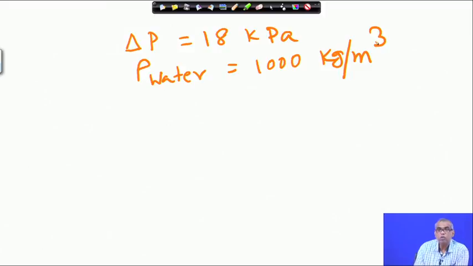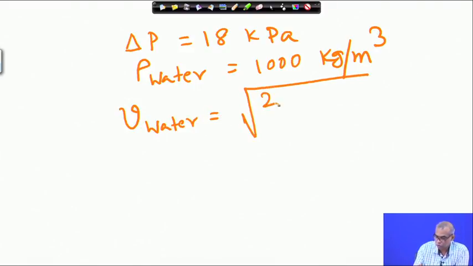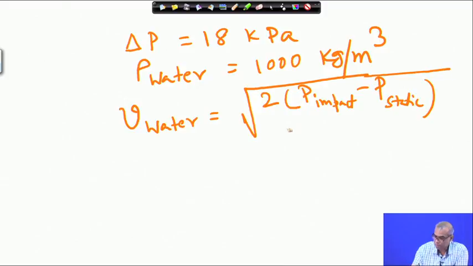So, let us make use of the equation: velocity of water is square root of 2 into impact pressure minus static pressure divided by density of water.